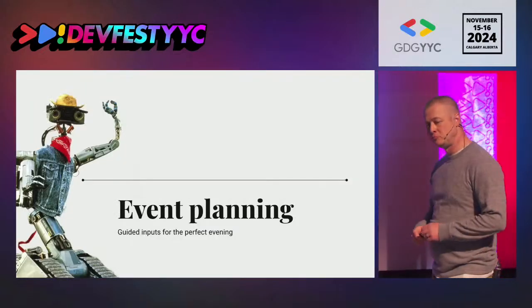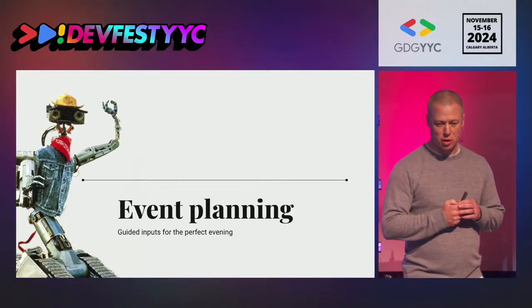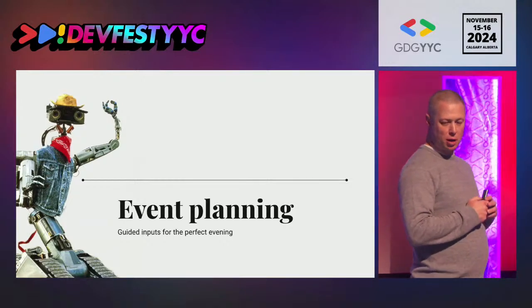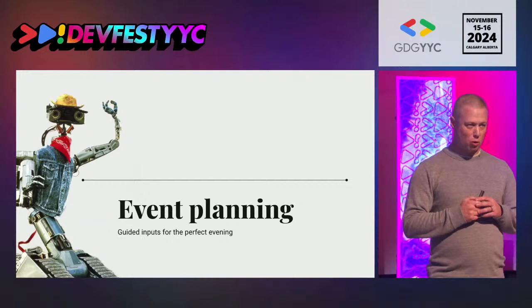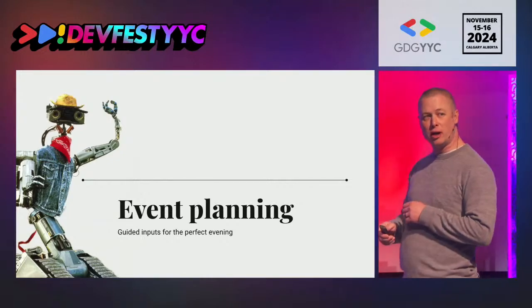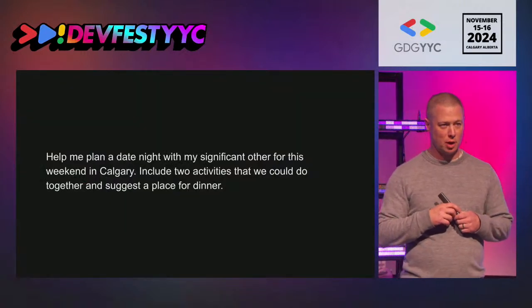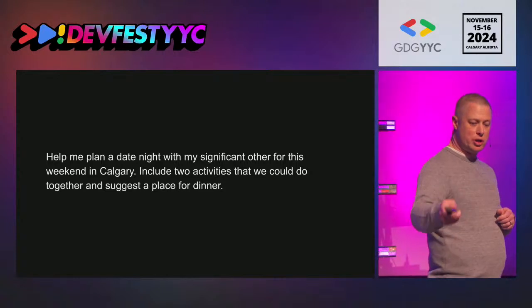Here's another one. Anybody remember Johnny 5? The robot that's always in love? Well, my wife, not exactly a Johnny 5 fan, but you know what? She does actually like date night every once in a while. I could put this into Gemini.